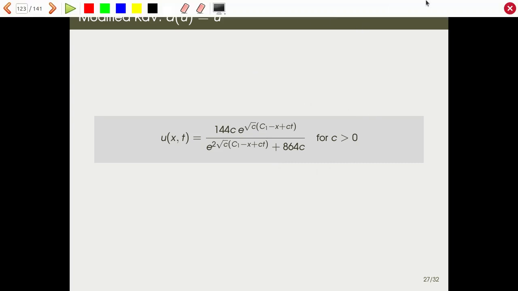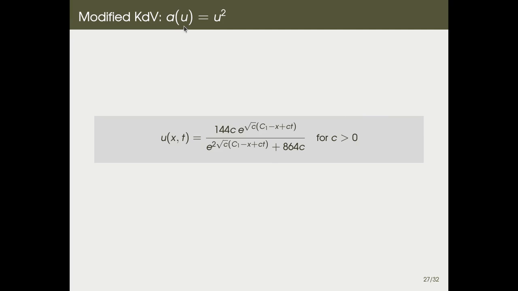Now we consider this other choice, u squared for the function a, and with this choice we have the so-called modified KdV equation. Our technique lets us obtain these two-parameter families of solutions. Again, we have only the parameter c for the wave speed and c1.